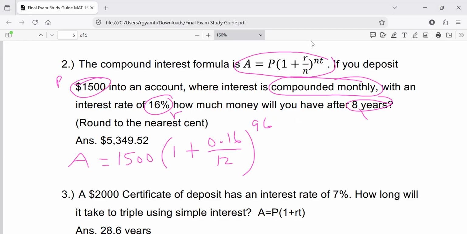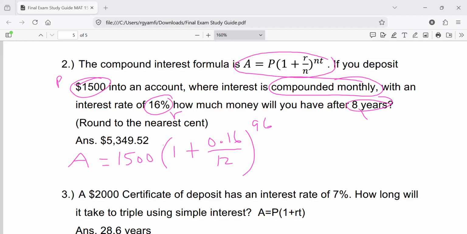So you go to your calculator, and then you're going to do 0.16 divided by 12.